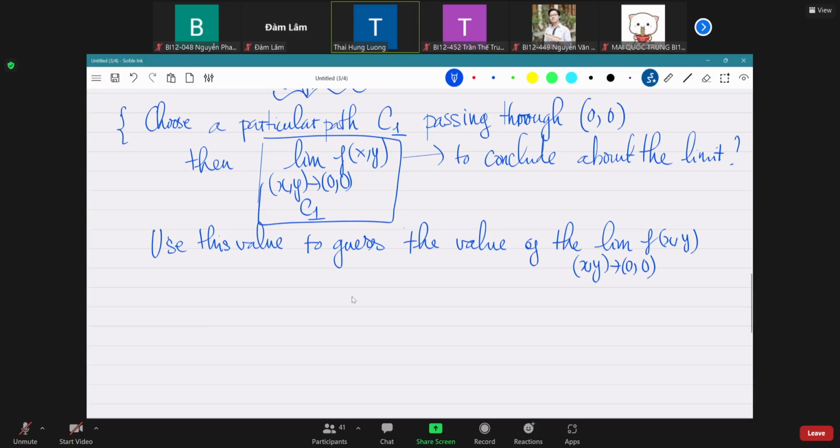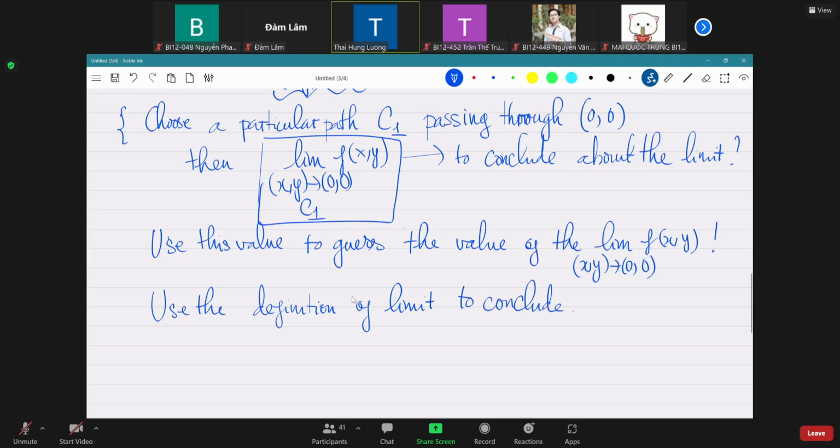This is a very important step if you want to use the definition of limit to conclude.